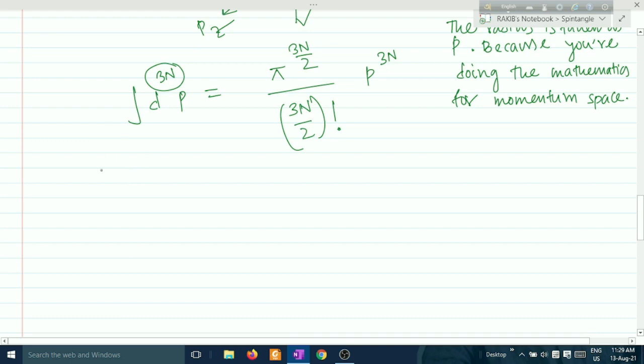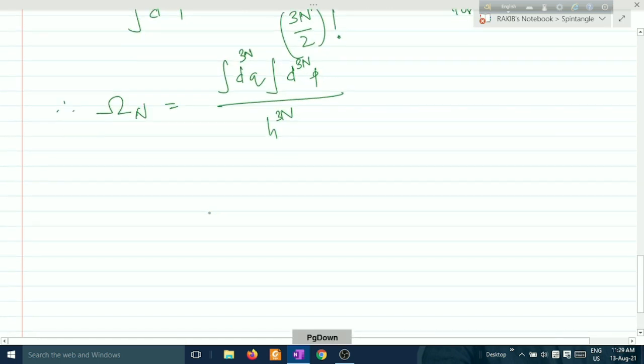Now let's go to the original microstate formula. What is that? Omega n. Omega n was integration d3nq d3np upon h3n. This seems correct to me, and regardless of thinking anything, you have to put in the values of these things.